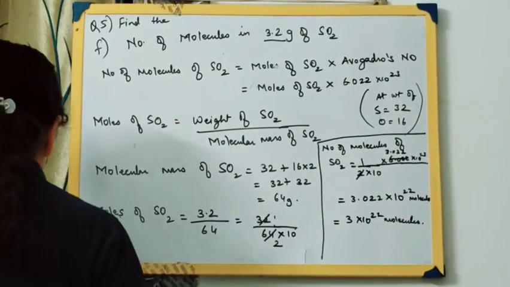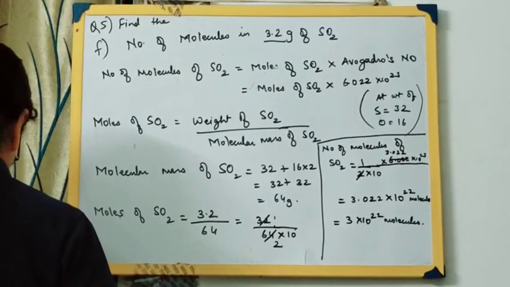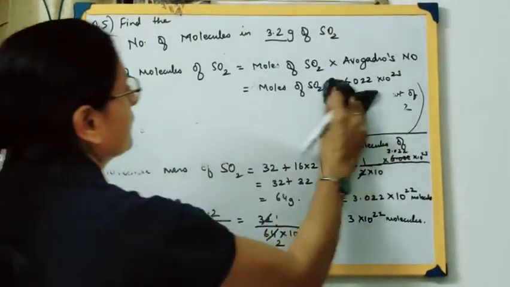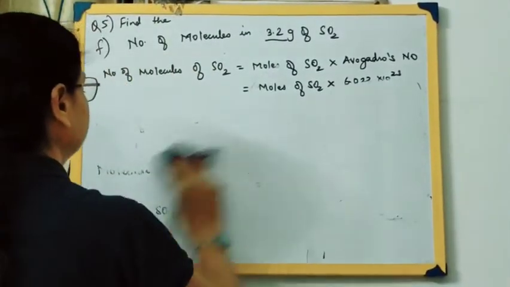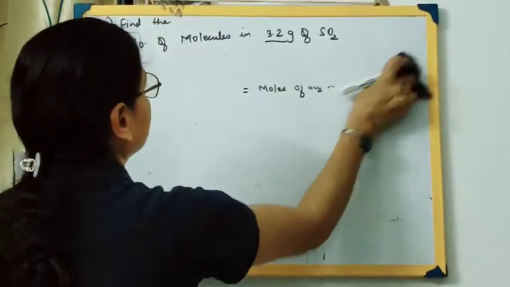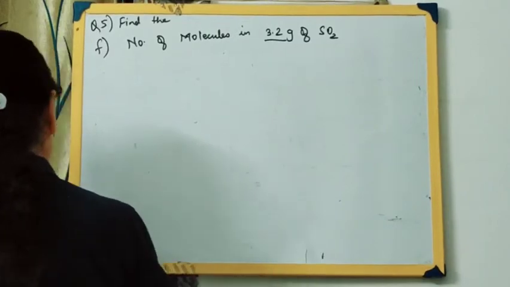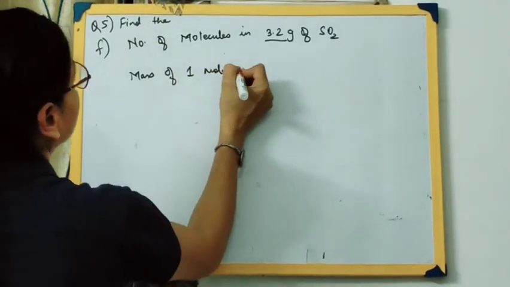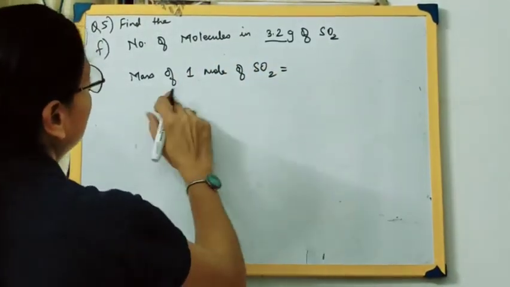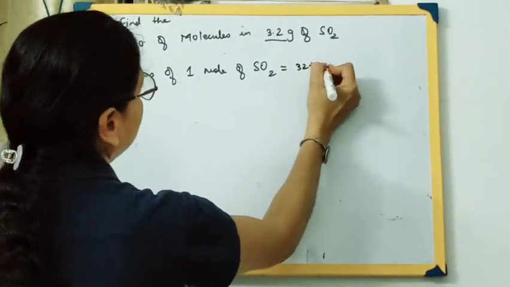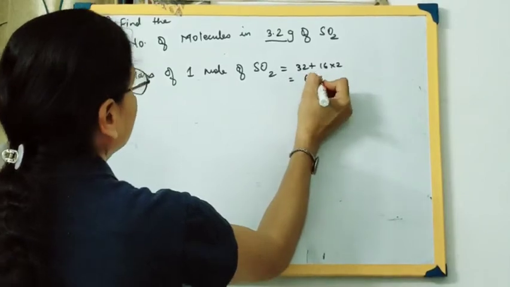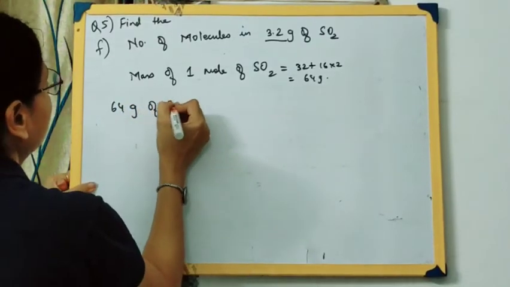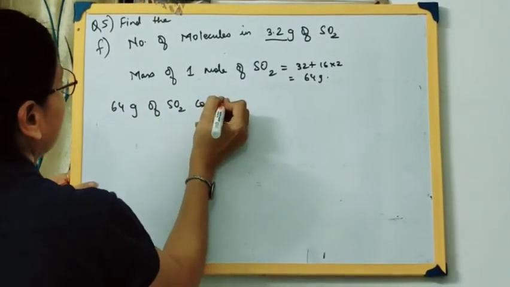One more method for this. So mass of 1 mole of sulfur dioxide, that will be 32 plus 16 into 2, so that will be 64 grams. 64 grams of sulfur dioxide contains Avogadro's number of molecules.